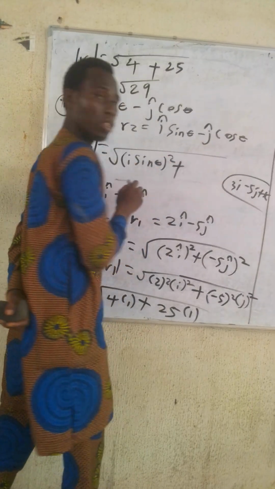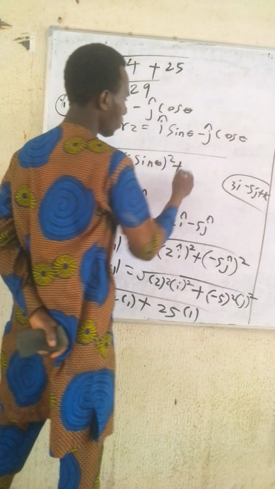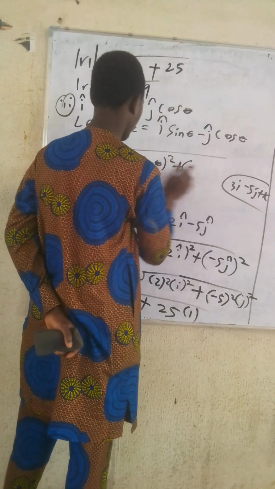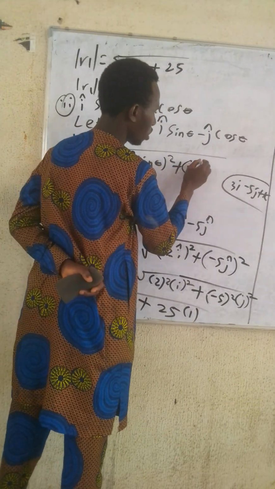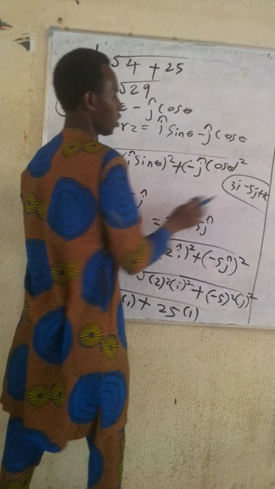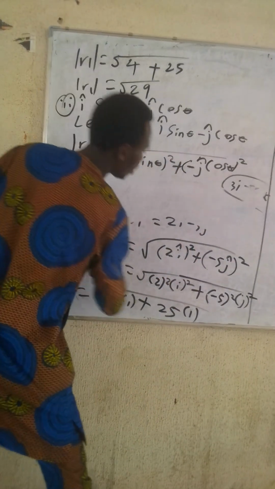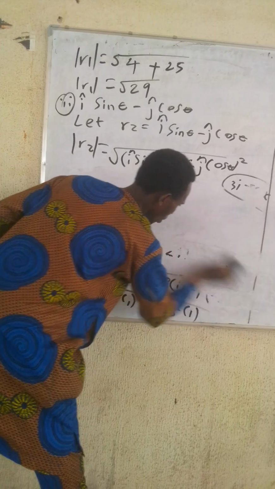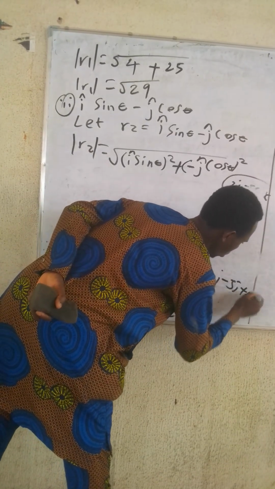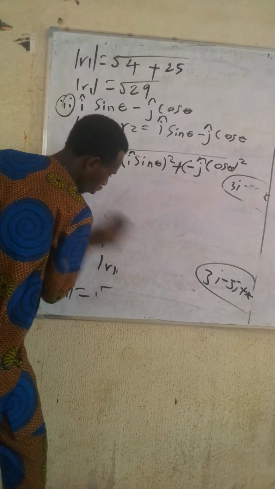Then we put plus between the two vectors: minus j cos theta, all squared. I wrote this down here because we are also going to solve it. This was numeral 3. We are going to come back to it.